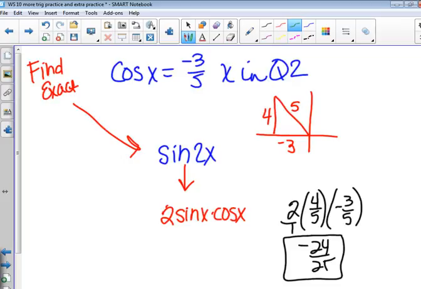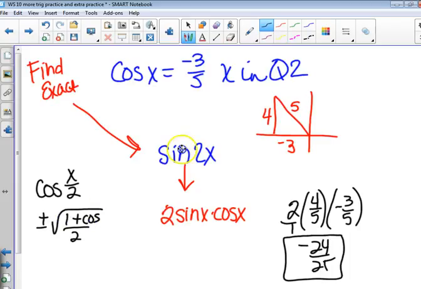Okay, what if instead of finding the sine of 2 theta, it had said find the cosine of x over 2? You go to this sheet and it says plus or minus the square root of 1 plus the cosine divided by 2. You have to decide plus or minus. If I'm in quadrant 2 and I cut an angle size in half, it's going to end up in quadrant 1.